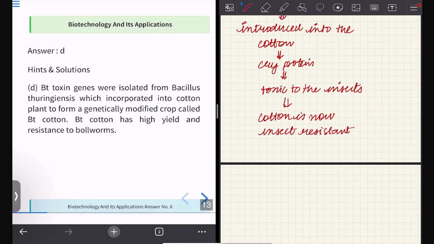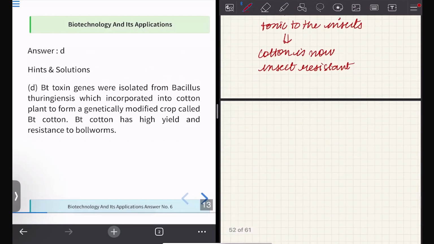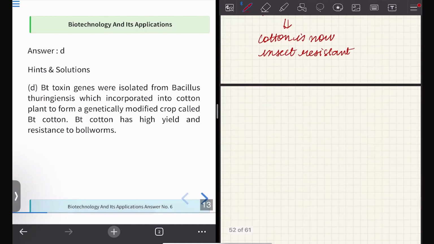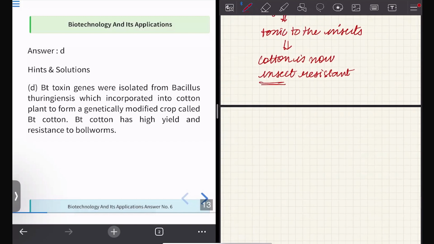And thus cotton is now insect resistant. BT genes were isolated from Bacillus thuringiensis and incorporated into the cotton plant to form a genetically modified crop. What insect in specific are they resistant to? It is bollworms.